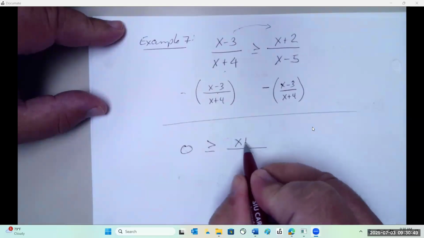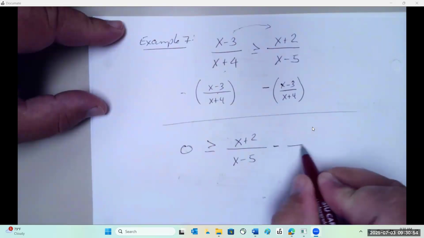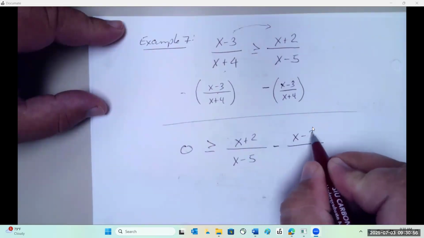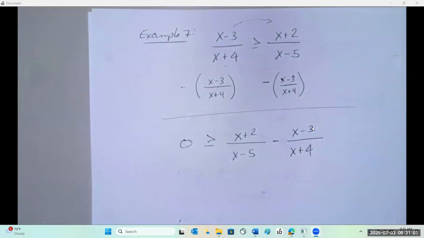And on the other side, I have x plus 2 over x minus 5, minus x minus 3 over x plus 4. That's how I write it.